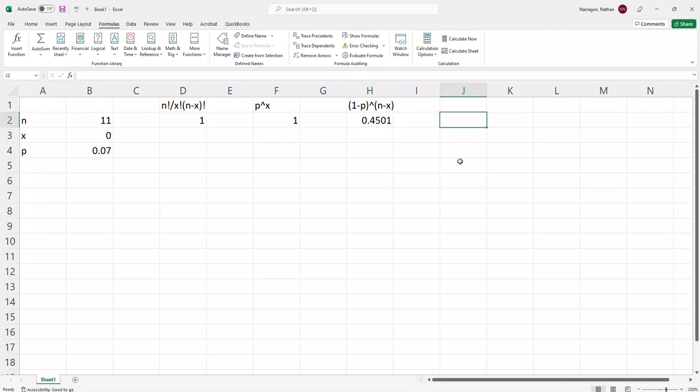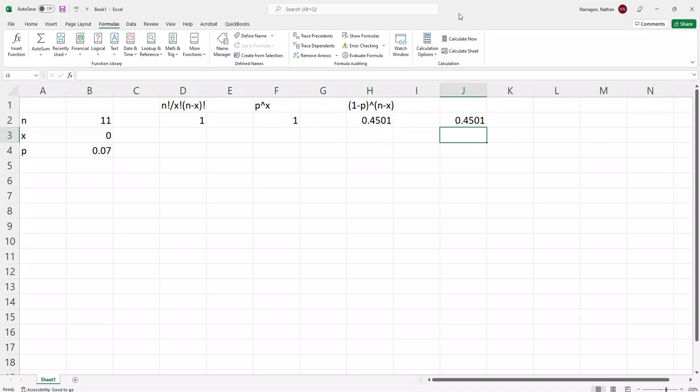And there's our calculation. Now that I have all three components, the next step is just to multiply: this one times this times this. And of course, 1 times 1 times 0.4501 is going to come out to 0.4501.